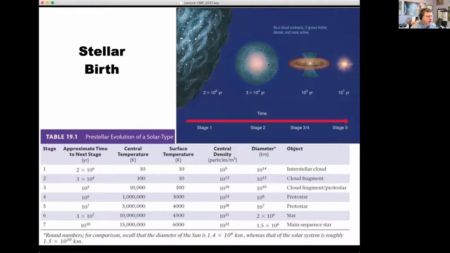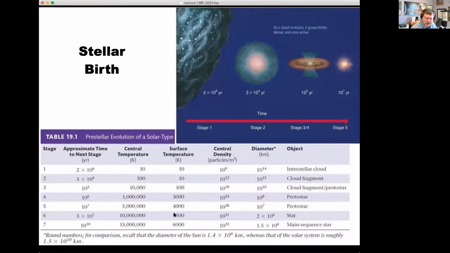You are responsible for the fact that we start with a ball of gas or dust. We turn into what's called a protostar that heats up and shines thermally by just the collapse, the gravitational collapse, just like a diesel engine. It's just that compression, in this case caused by gravity as opposed to a diesel engine where it's caused by mechanical pressure, but compression caused by gravity that heats up the material and causes it to glow. And so here we have the central temperature of the protostar, and here we have the surface temperature.